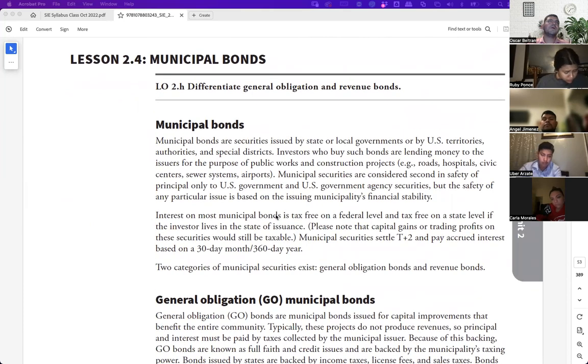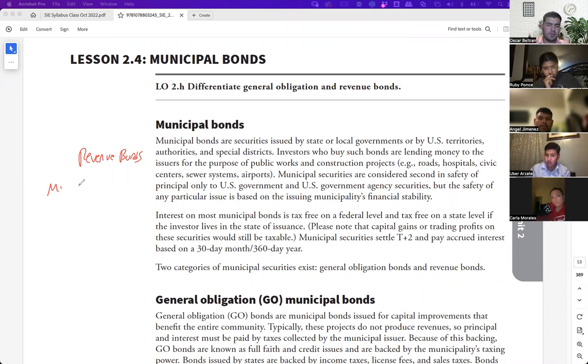All right, so overall, municipal bonds are very, very simple to understand. The two types of bonds that you're going to have are revenue bonds, and the other one is going to be general, I think it's called general.